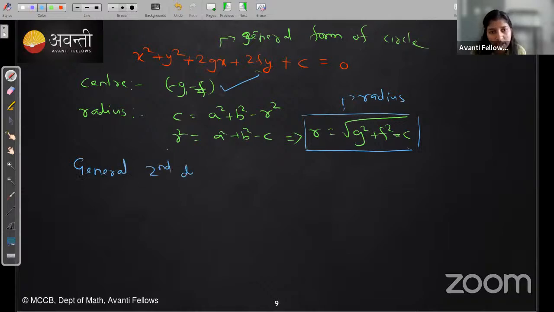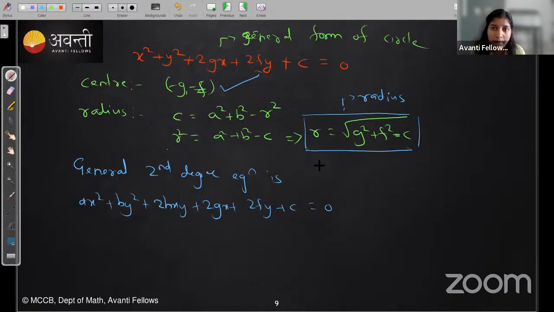General second degree equation is ax square plus by square plus 2hxy plus 2gx plus 2fy plus c equal to 0. Now just compare both. I'll take this as A and this equation as B. Just compare A and B.